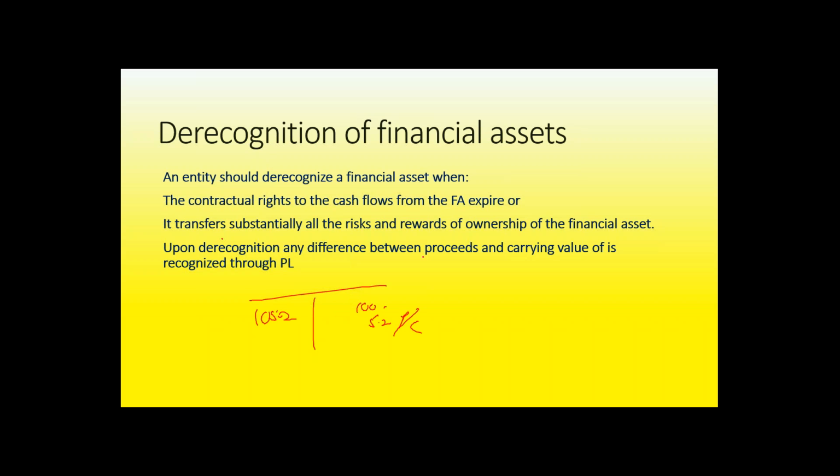If you are showing 105.2 and you are getting 110, that difference also goes to the P&L as income. So if I had the asset at 105.2, the amount that I will pay you is only 100. You are showing it as 105.2, but I will pay you only 100, and I say thank you very much. Contract over.